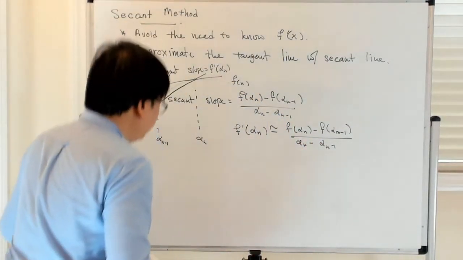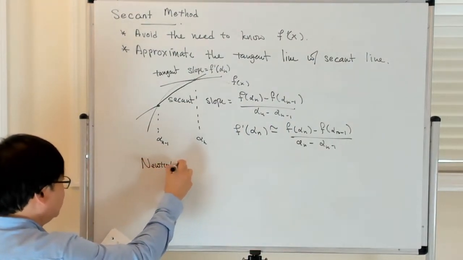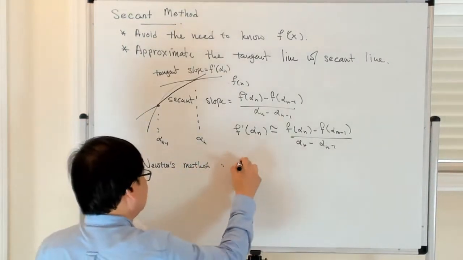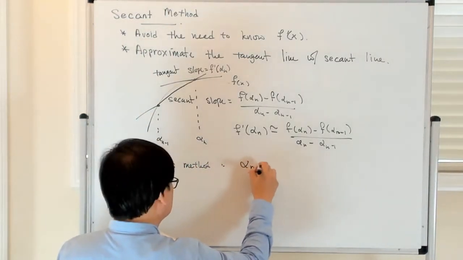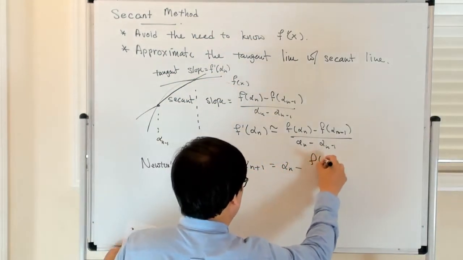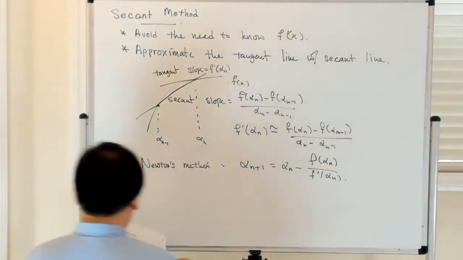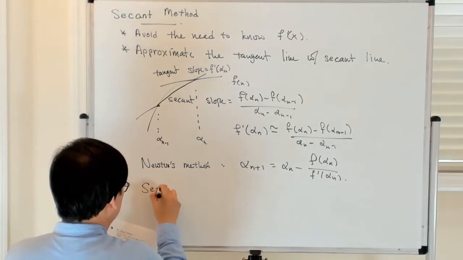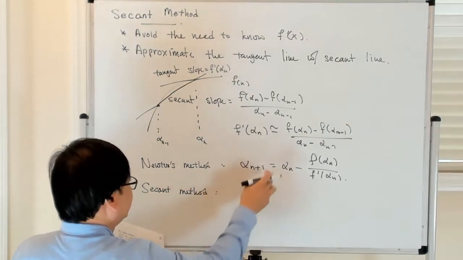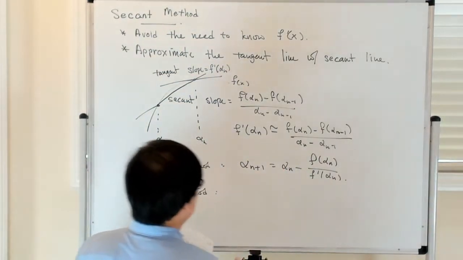Okay, so if you compare the Newton method, Newton's method says that the iteration is alpha n plus 1 is equal to alpha n minus f of alpha n divided by f prime of alpha n. All right, so as you might expect, the secant method is very similar, except that every time you see the derivative, you replace it by this secant approximation.